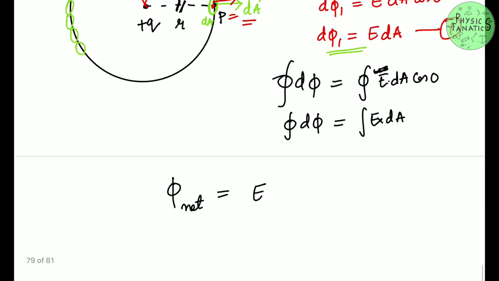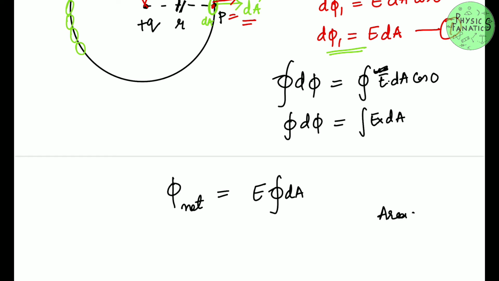Now the electric field is constant, that means it will come out of your integration. So I can write it, E came out, dA, so your integration over the entire area. When you do the integration over the entire area, the area of a sphere is 4 pi r square.